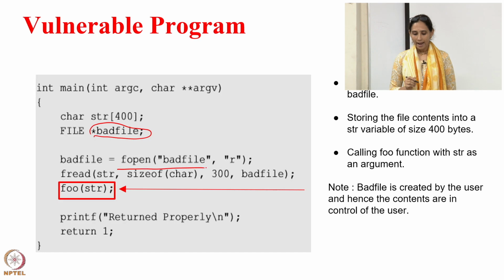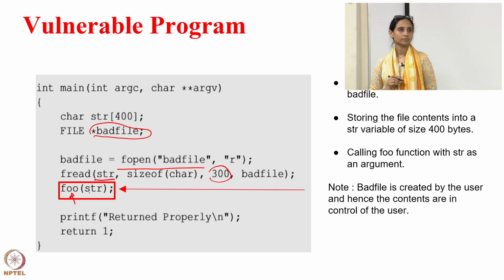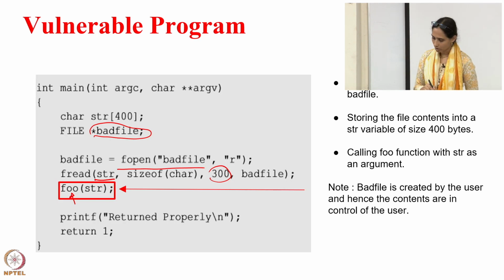You are reading 300 characters from that bad file, storing them in this string, and then you are calling the function foo, passing those 300 characters to it. That is what is happening here.